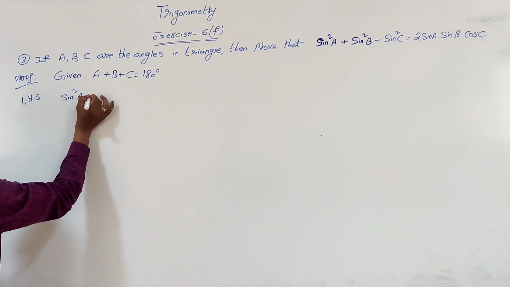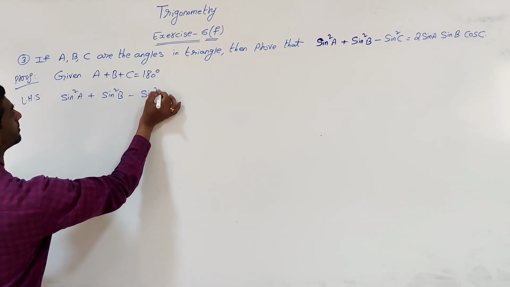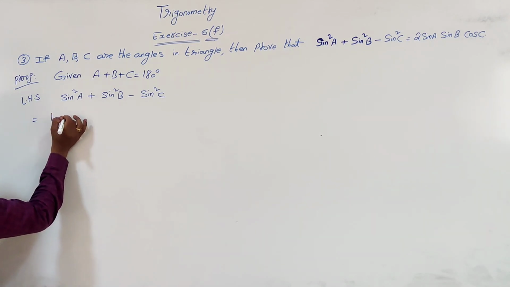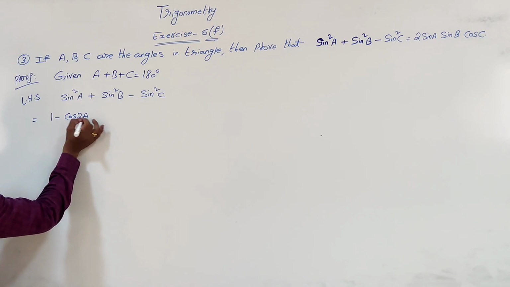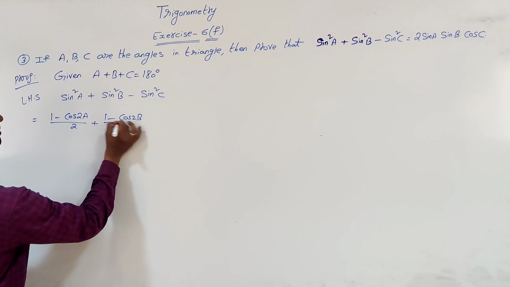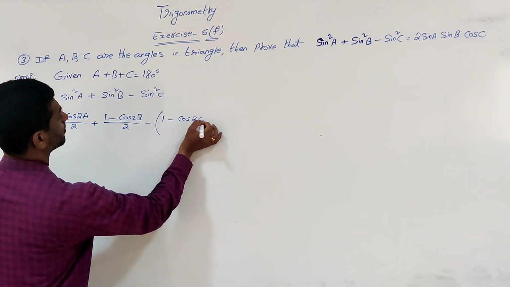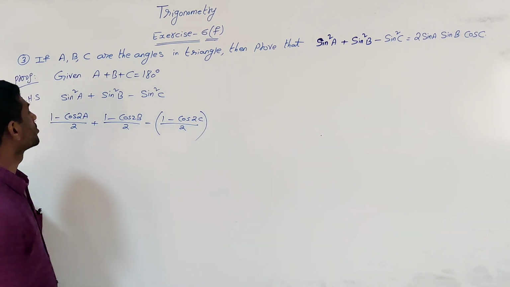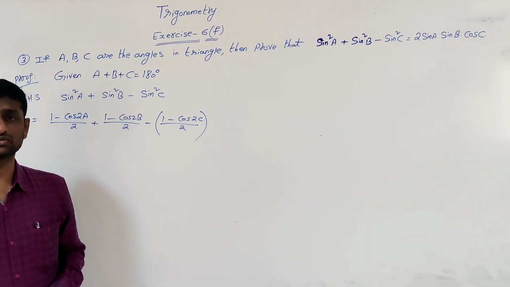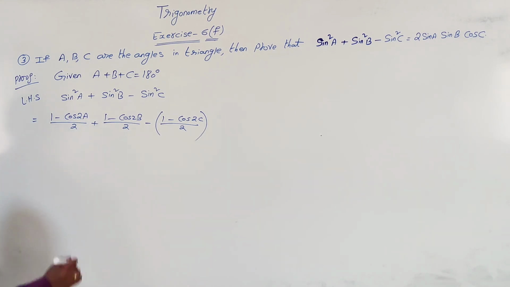Sin square A plus sin square B minus sin square C. Sin square A can be written as (1 minus cos 2A) by 2, plus (1 minus cos 2B) by 2, minus of (1 minus cos 2C) by 2. Because cos 2A can be written as 1 minus 2 sin square A, from that we have sin square A is (1 minus cos 2A) by 2.